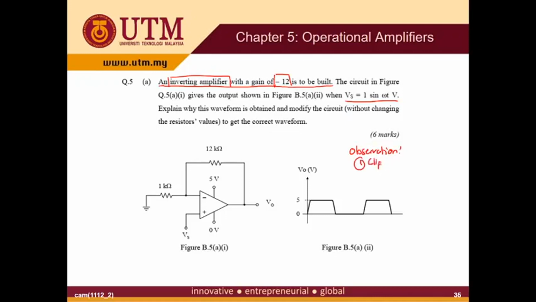Because the input is a sine wave, we should have a sine wave, but the measured or simulated output waveform is not what we expected. So this is a clipping effect.